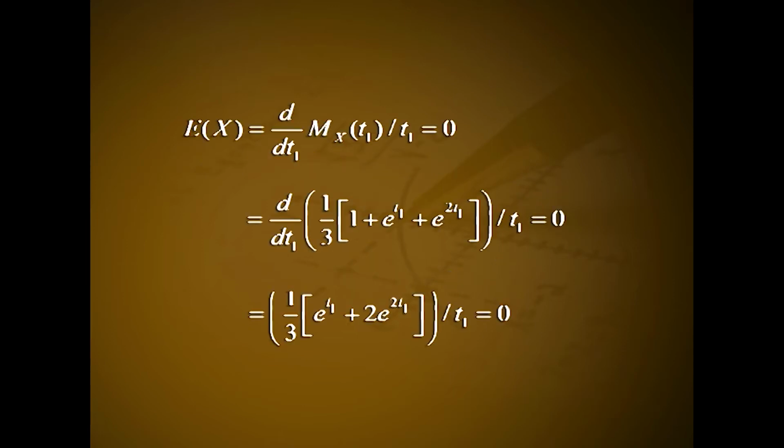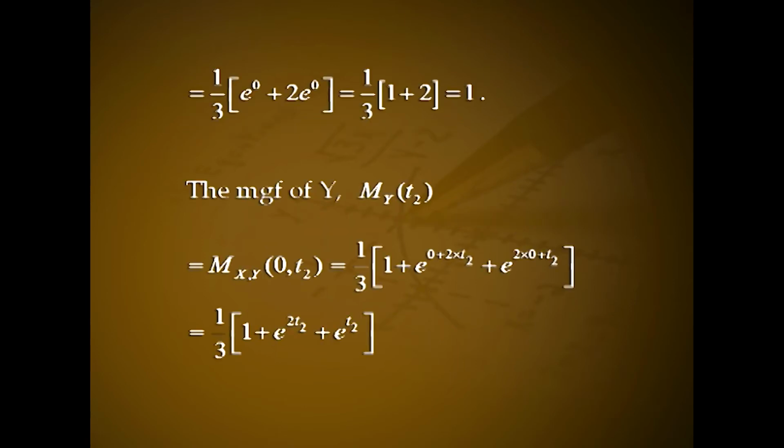Thus, expectation of X is d/dt1 of M_X(t1) at t1 = 0, that is d/dt1 of 1/3 (1 + e^(t1) + e^(2t1)) at t1 = 0, which is 1/3 (e^(t1) + 2e^(2t1)) at t1 = 0, that is 1/3 (e^0 + 2e^0) = 1/3 (1 + 2) = 1.